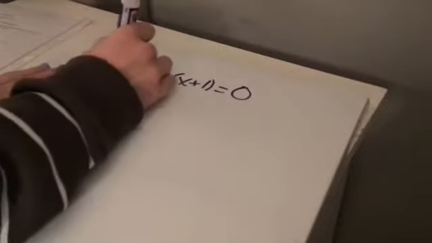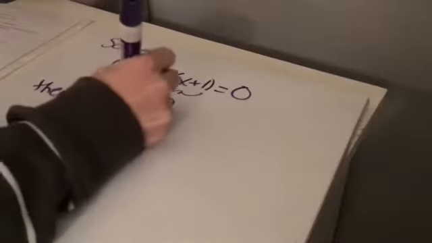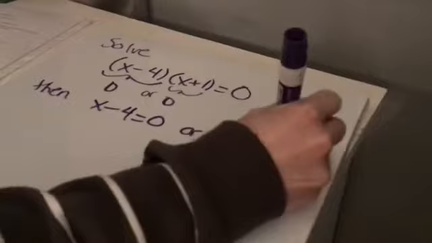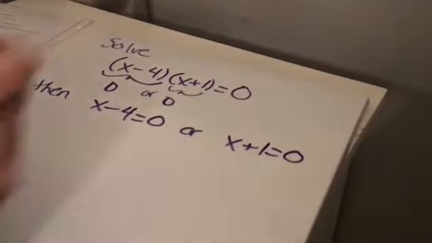So either this factor has to be 0 or this factor has to be 0. So then we can say that x minus 4 is 0 or x plus 1 is 0. These are just linear factors. We know how to get x by itself. So here we're going to solve for x.